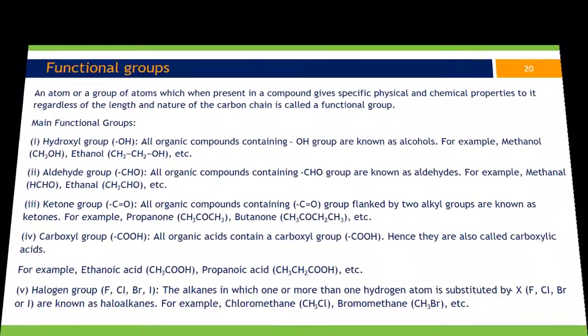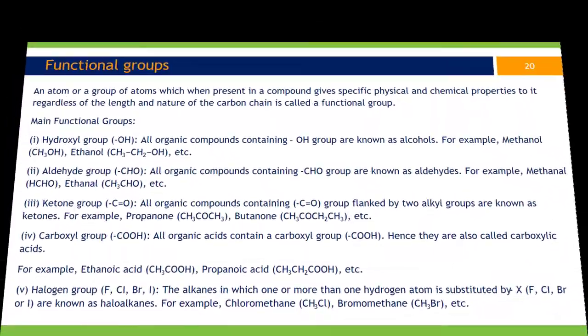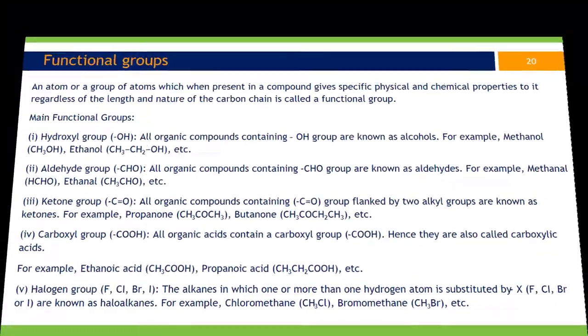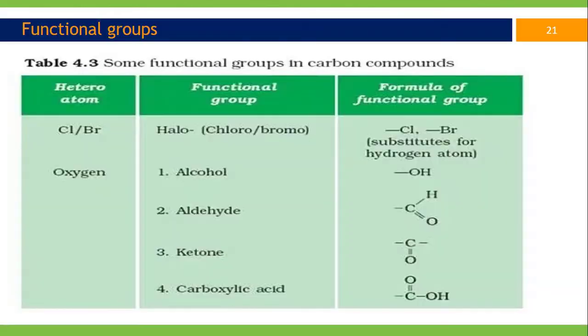Next one is the halogen groups. Halogen groups may be either fluorine, chlorine, bromine or iodine. The alkanes in which one or more hydrogen atoms are substituted by fluorine, chlorine or bromine are known as haloalkanes. For example, chloromethane with the molecular formula CH3Cl, bromomethane CH3Br.